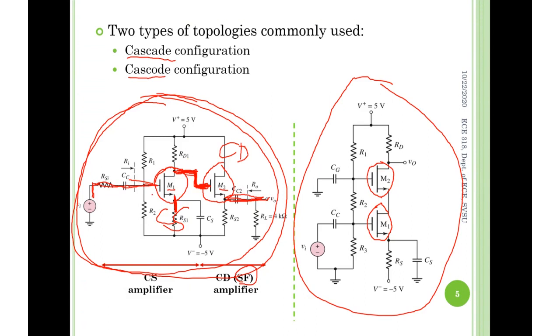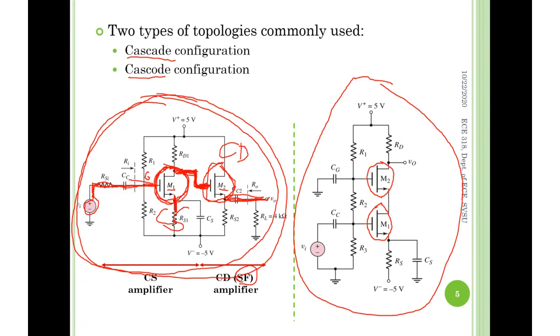Therefore, we are looking at M1 individually, and then followed by looking at M2 individually. If you're looking at M1 only, you need to identify who is the input terminal. The input is the Vi given to this input terminal, which is the gate. Who is the output? Output is a little bit hard to identify.